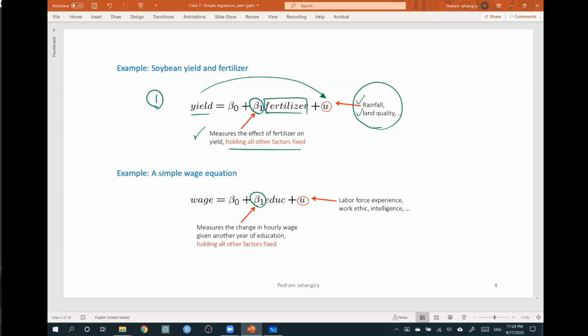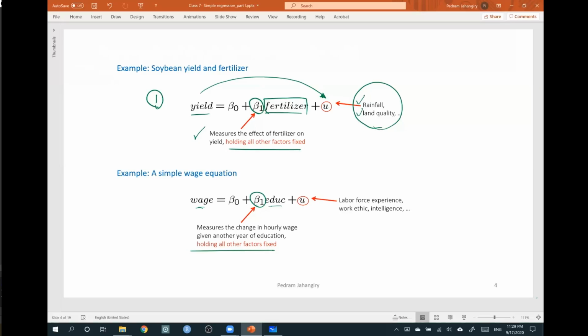How do we interpret this beta 1? Beta 1 is the effect of education on wage, holding everything else constant. So if you increase education by 1 year, what will happen to wage? The wage is going to increase or decrease by beta 1. Again, if beta 1 is positive, it's going to increase. If it is negative, it's going to decrease by beta 1. The key is holding everything else constant. So this interpretation makes sense only if holding everything else constant is valid.